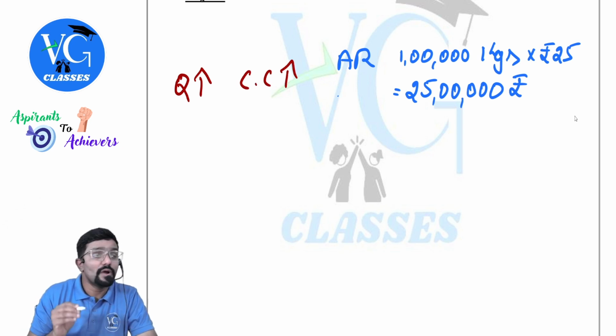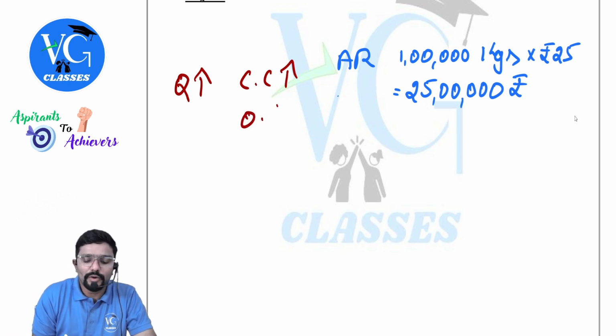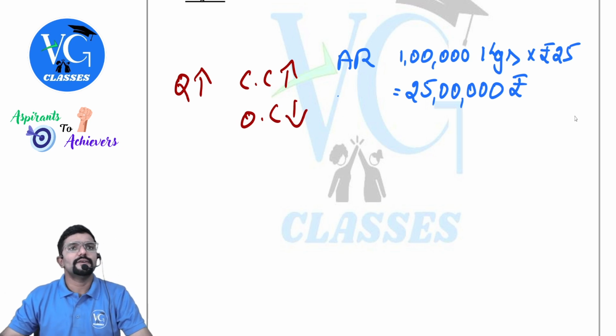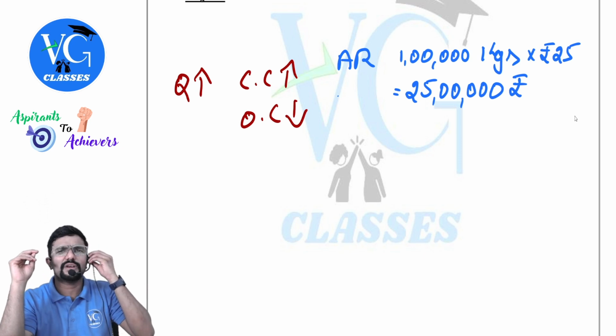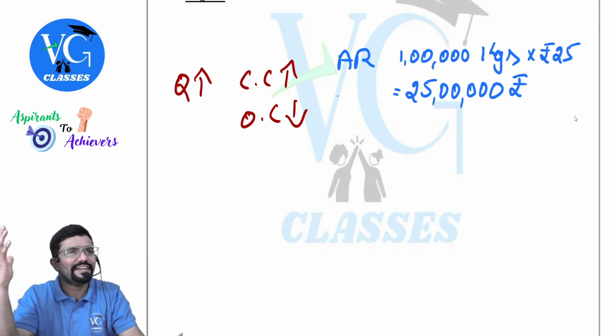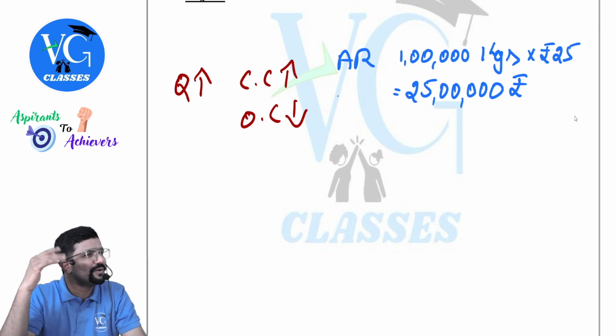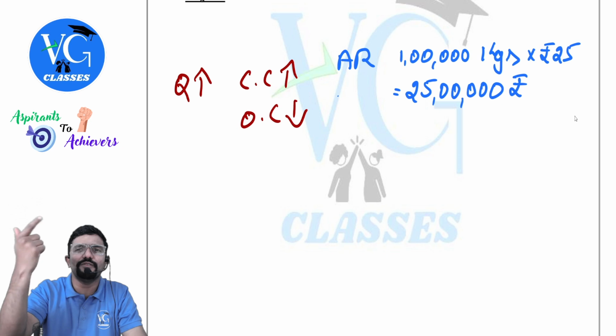Whereas there is something called ordering cost. Ordering cost would be lower. What is ordering cost, sir? Looking for the supplier, placing the order and receiving the goods. Till I receive the goods, all the cost I incur is called ordering cost. When I order a large quantity, will the ordering cost be less or more? Less. Why? Assume the full 1 lakh kgs I am ordering in one shot.